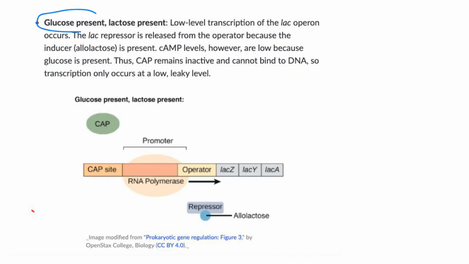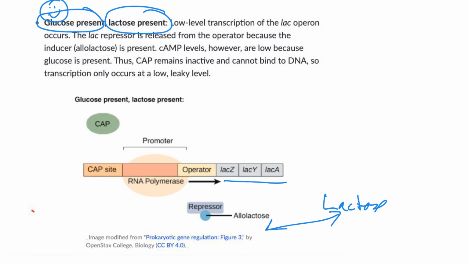If I have glucose present and lactose is also present, well, the bacteria are going to choose their favorite food. They really like glucose. It's easier for them to metabolize. So they might have some transcription of the Lac Operon enzymes, but they don't have a lot because, again, they have glucose present. So if there is lactose present, remember there's also going to be allolactose.